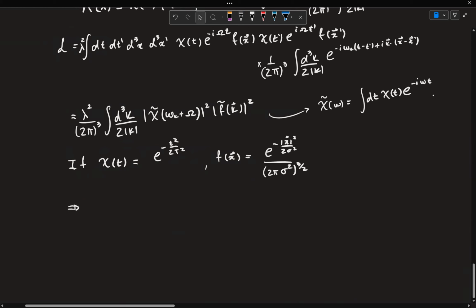It's Gaussian integrals on finite intervals. And if you do it, you're going to find that the excitation probability is given by lambda squared over 4 pi.